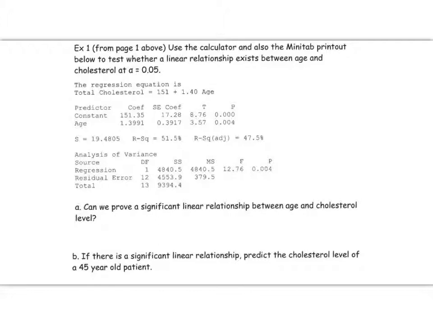So from our first example, the doctor interested in looking at age and cholesterol, we came up with our total cholesterol, which is right here, is equal to 151 plus 1.4 times your age.